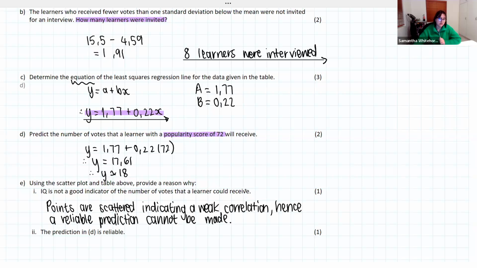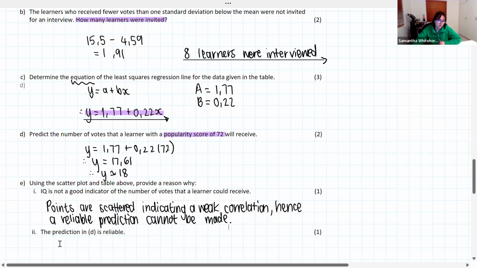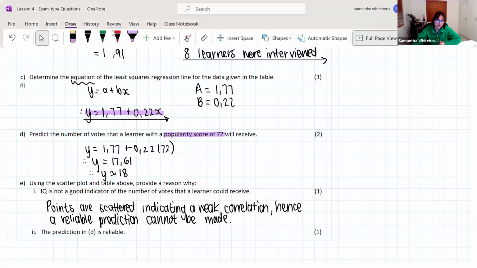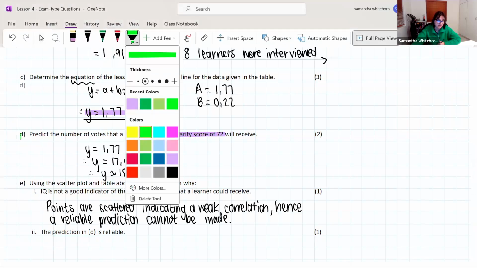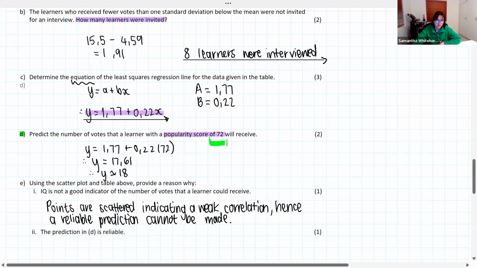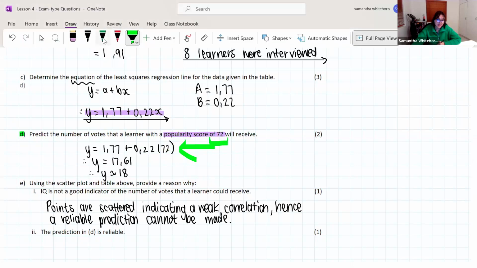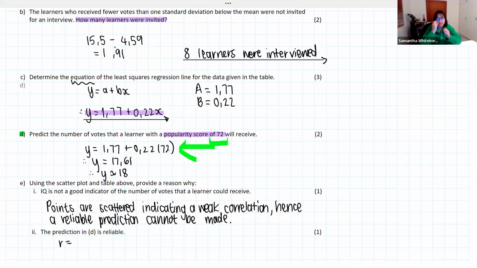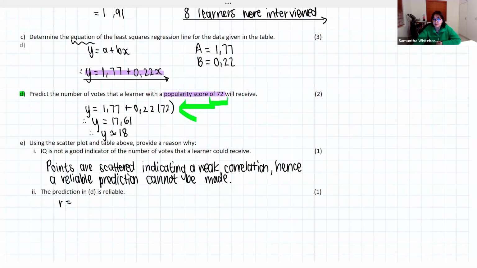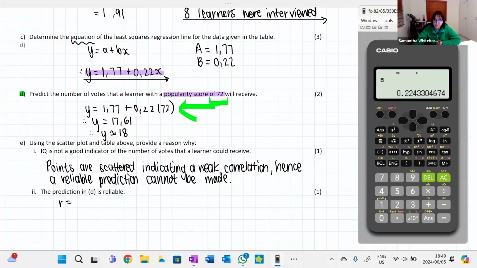Right. The second question says, provide a reason why the prediction in D is reliable. So D is the one over here. We've just made the prediction for 72. Now, this was all using my least squares regression line. So I'm going to have to determine what my correlation coefficient is. Again, everything's already on your calculator. You just go shift 1, 5, and so on. So AC shift 1, regression.